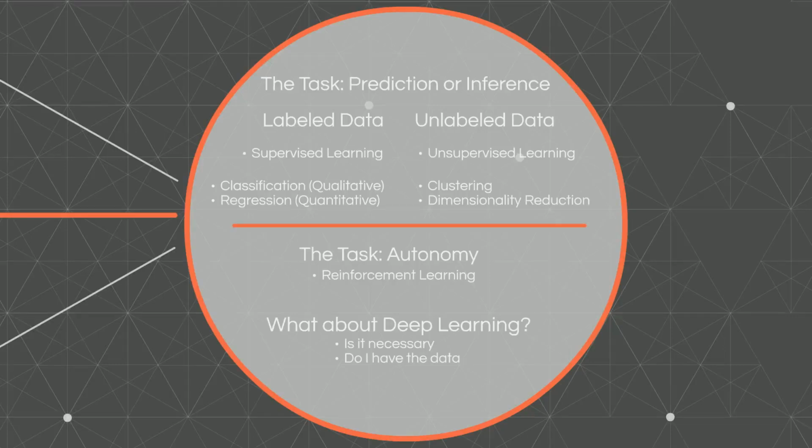Deep learning algorithms are used primarily in imagery and computer vision type tasks simply because that is when we have such a high number of inputs and parameters that deep learning becomes feasible. And then, do I have the data as well? Because again, deep learning algorithms are going to need a lot of positive and negative examples in order to train. So if you have a data set of 20 images, again, rule out deep learning immediately simply because it's not going to be possible on the data that you have. But if it is necessary and you have the data, deep learning is one of the areas that is making a lot of progress today, and so there are some really cool things that you can do with that.